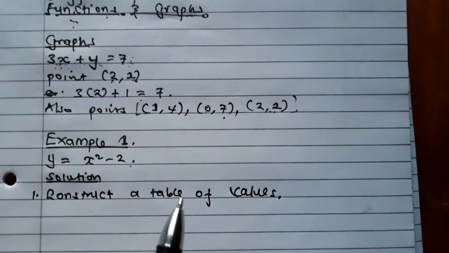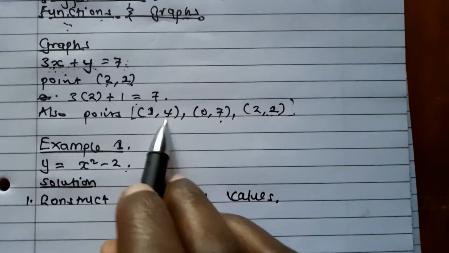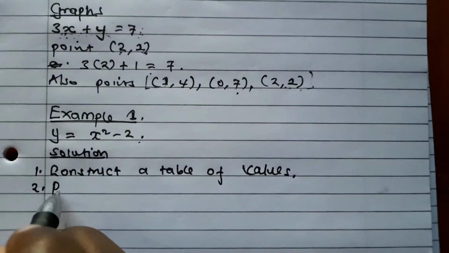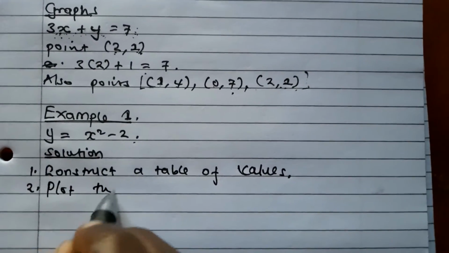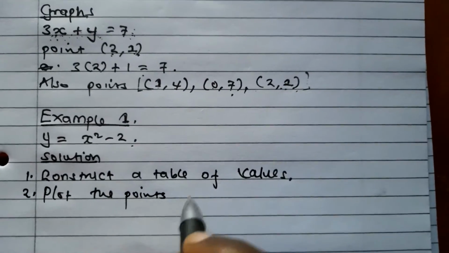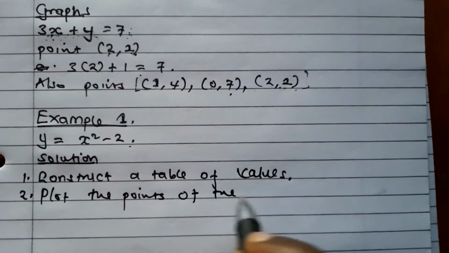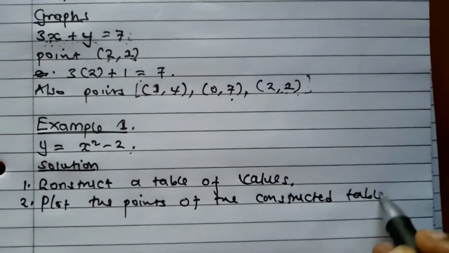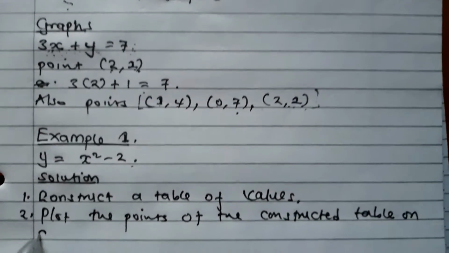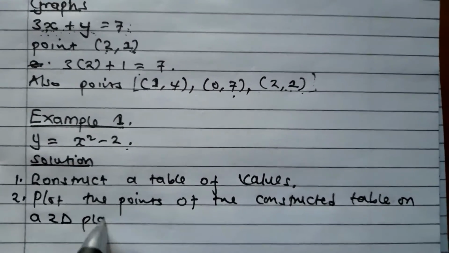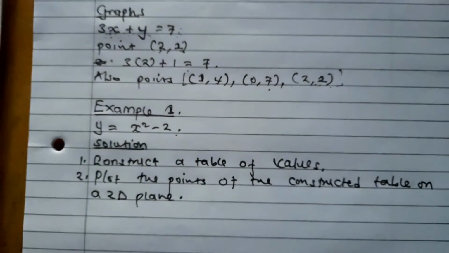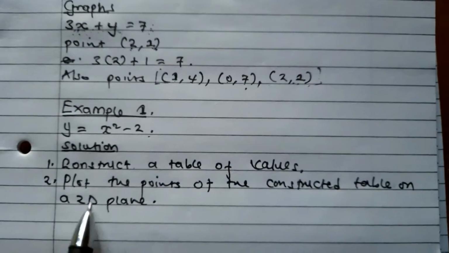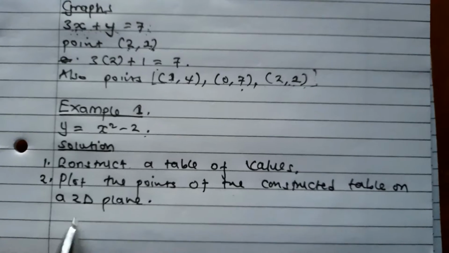And this table of values will be the values of the solution points. Step number 2 is to plot the points of the constructed table on a two-dimensional plane. So after obtaining the solution points from the constructed table, we will plot the points on a two-dimensional plane.